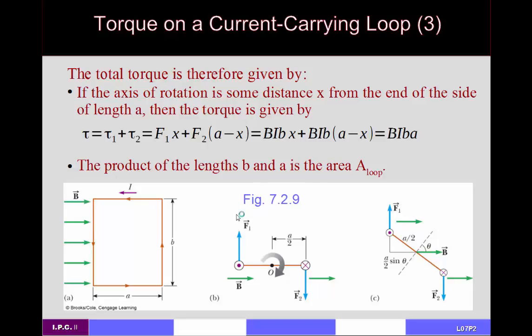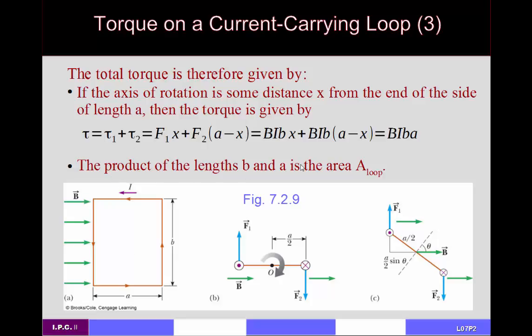And what that basically means is that you have a torque that is BIbx plus BIb(A minus x), and so this BIbx and this BIb minus x term go away. You get a net torque of BIbA, magnetic field times current times length of one side times length of the other side of your rectangular wire.